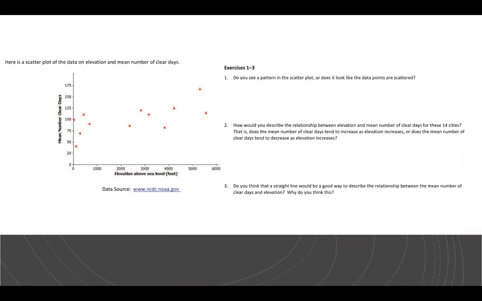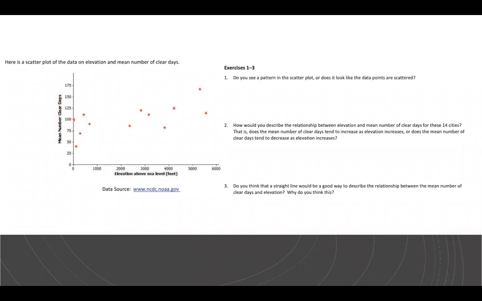Again, if it's a higher elevation, are the dots higher? That would mean that there are more clear days. And it looks like, yeah, it looks like it would be linear. It looks like a line would be starting lower on the left and rising to the right, meaning that the higher the elevation is, the higher above sea level a city is, the more clear days they have.